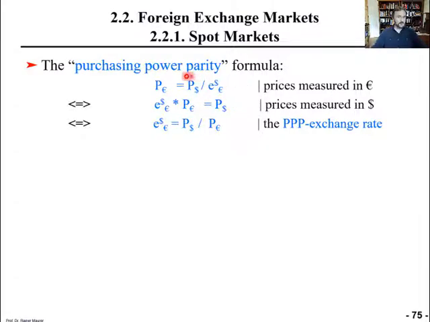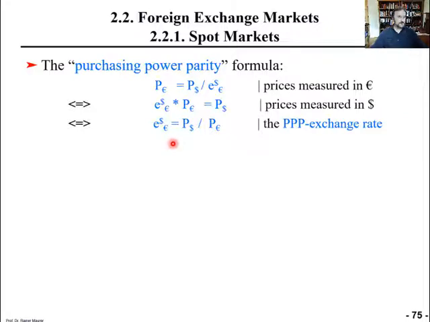If you multiply this equation with the exchange rate, it disappears on the right side and reappears here on the left side. And now we have expressed the prices of cookies in the euro area and the dollar area measured in dollar. So this shows that prices of cookies is always the same, whether measured in euro or measured in dollar, if this relation is given.